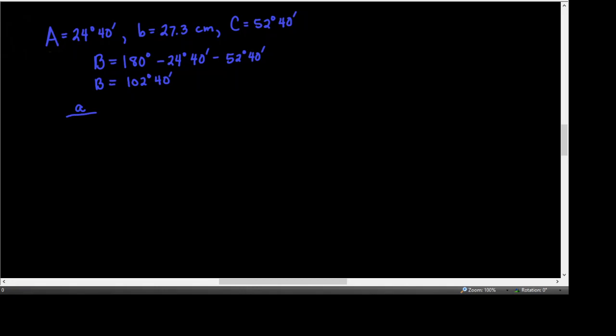So it doesn't really matter to me if we use A or C here. It just doesn't matter. So I'm going to say that A over the sine of A, I could have gone for C instead, just acknowledging that, would equal B, 27.3, divided by the sine of angle B, which we just calculated.